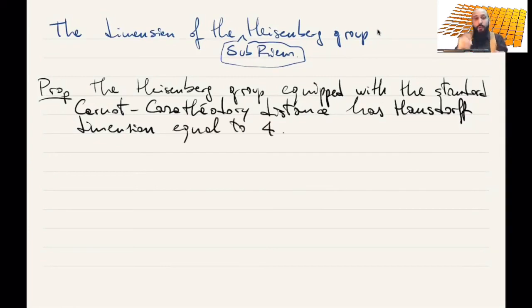Now, we will recall later in the course what the Hausdorff dimension is for general metric spaces. But now I will immediately give you the argument, so one gets used to working with the Hausdorff dimension, even if maybe the theory behind it is not completely clear. The proof is not difficult.